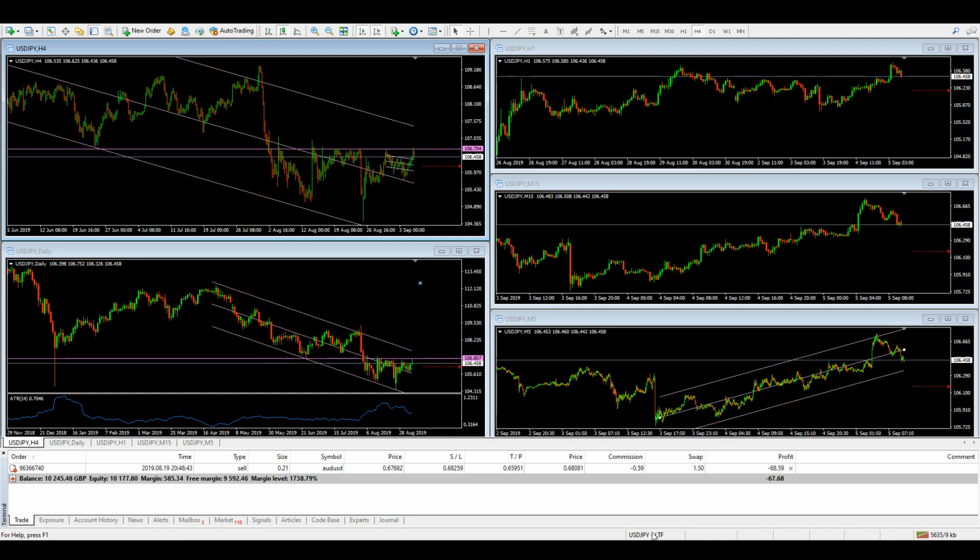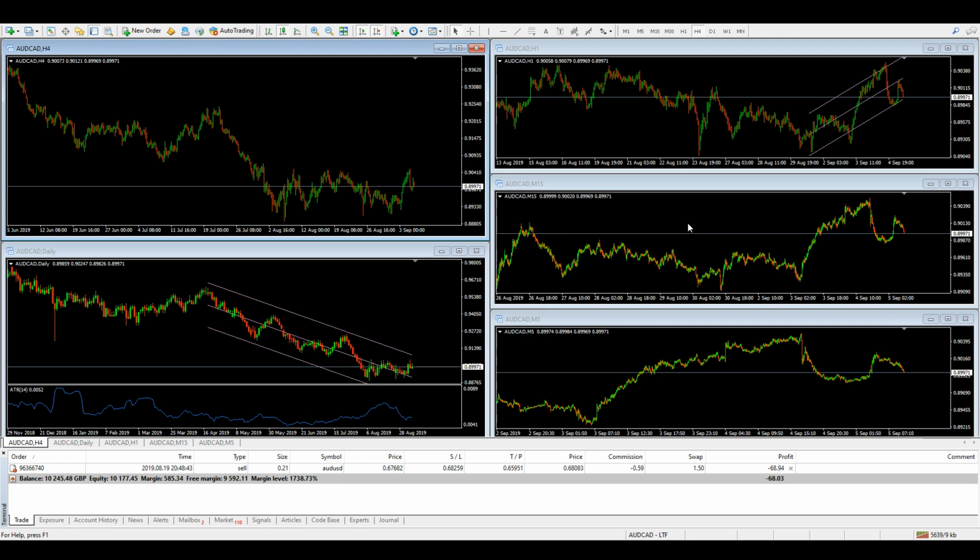So let's have a look at firstly AUDCAD, and just a quick recap on the strategy. Basically, 5 different time frames that I'm using here: daily, 4 hourly, hourly, 15, 5. And my first point of reference is the daily. I'm looking for value for money on this, with the price either being overbought in a downtrend or oversold in an uptrend. And I use a standard deviation to help decide how that value for money is determined.